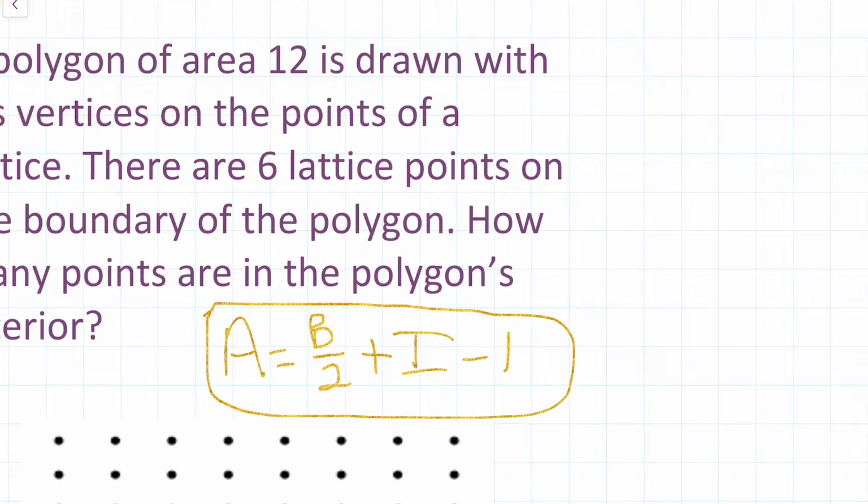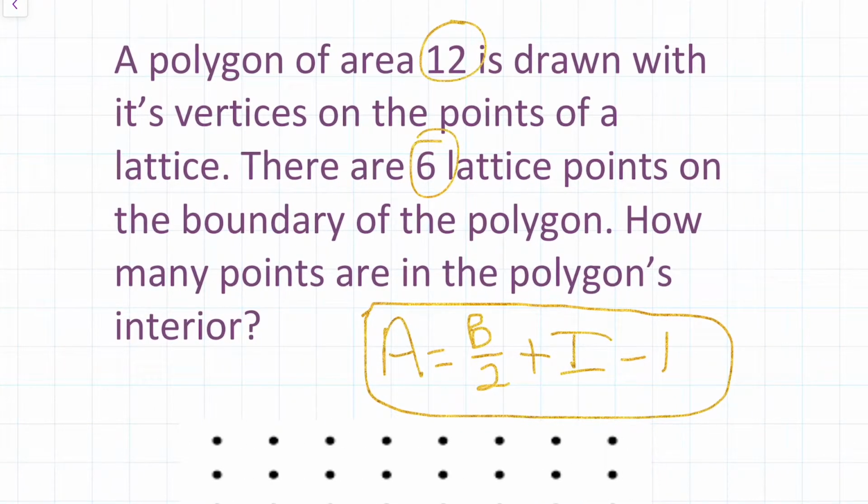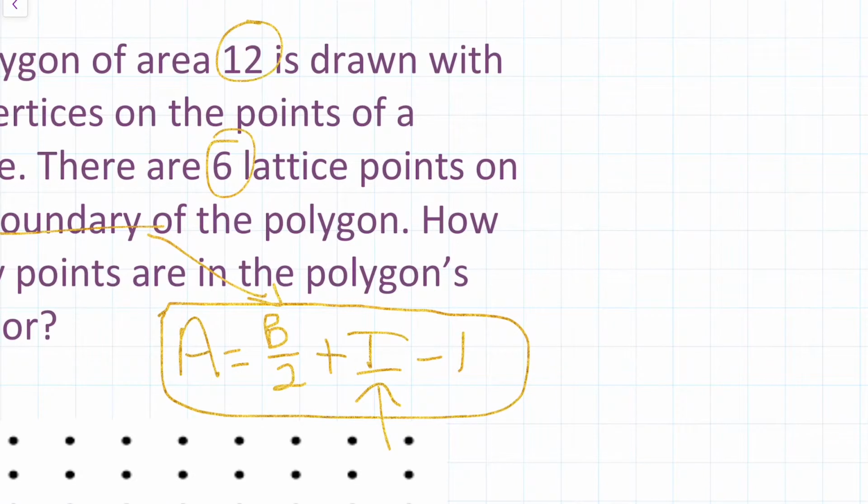Now we know that the area is 12, and 6 lattice points on the boundary, which means B is 6, and we're looking for how many points are in the polygon's interior, which is I. So all I have to do is plug it into the equation.